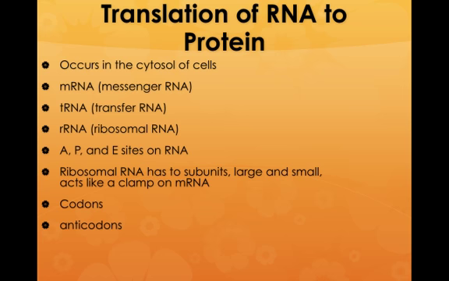Okay, welcome to, I believe this is the fourth part of DNA and RNA replication, transcription, and translation. We talked about what DNA and RNA is. We talked about the roles of DNA and RNA. We talked about the replication of DNA in the nucleus before mitosis or mitotic divisions.